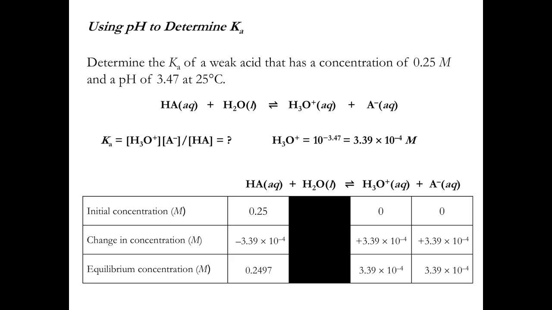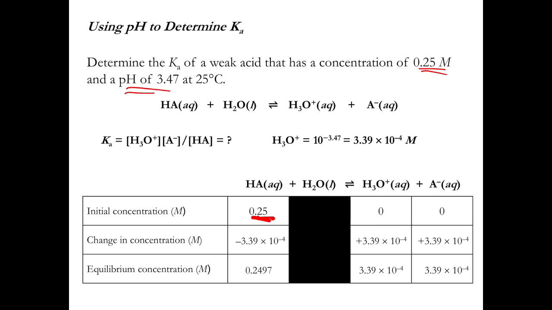We can also use the pH to determine a Ka value. All right, so imagine we have a weak acid that we know its concentration and we know the pH. Using those two things together, we can calculate a Ka value for that weak acid. So here's how we do it. If we know the concentration was 0.25 molar of the weak acid, that was our initial concentration.